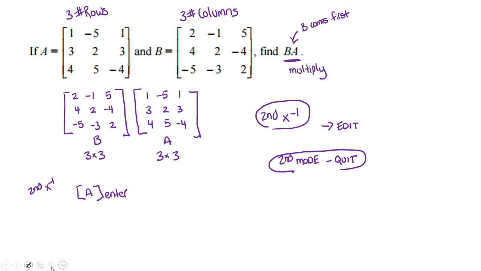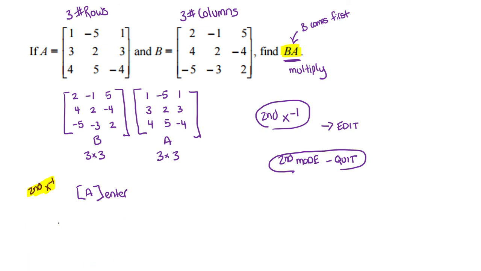But our question is this. It's BA. So again hit second x negative 1, but this time hit enter on B, and then do it again with A right next to it, because the calculator will know that that means multiply.